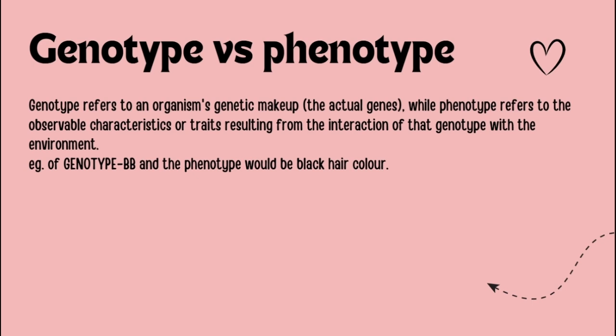So genotype, genetics, and then phenotype, physical characteristics, right? So in this situation, if we have a genotype, big B, and we say that the big B goes for black hair, this is the genotype, the genetic aspect, and then the phenotype would be the black hair color.